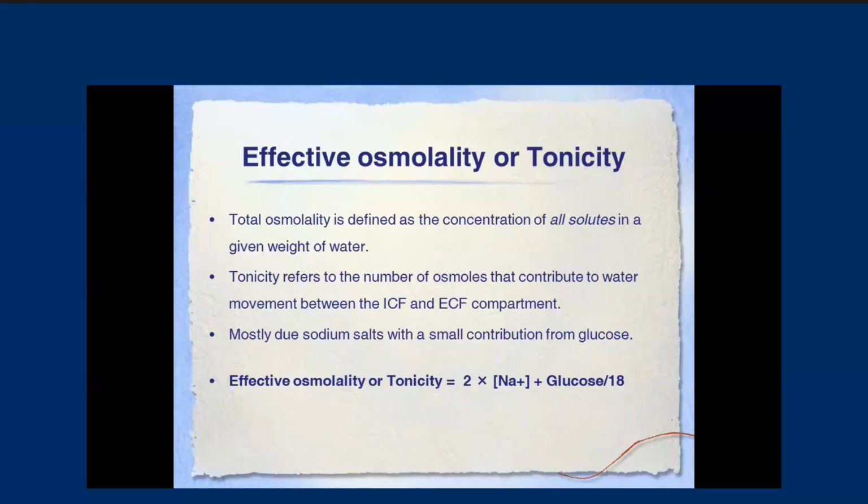So we multiply sodium by 2 for the amount of cations, which are found in the extracellular fluid, which are comparable with the amount of sodium found in the extracellular fluid. That's why we multiplied the sodium amount by 2, so that we can incorporate the anions which are found in the extracellular fluid too.